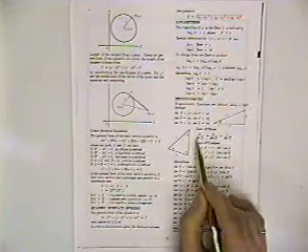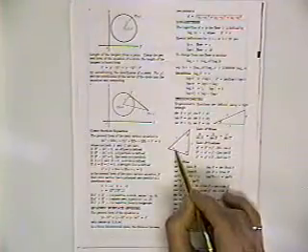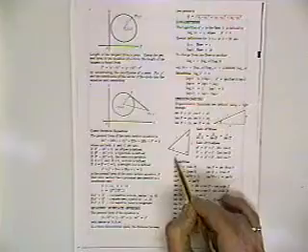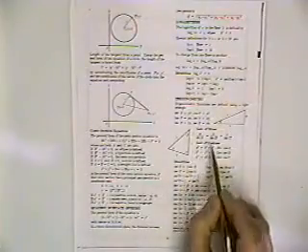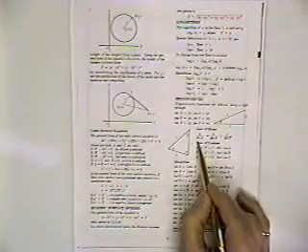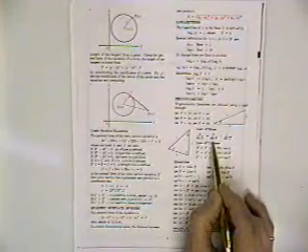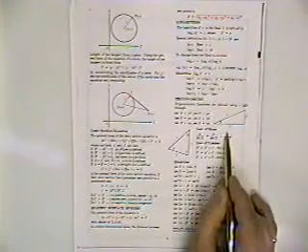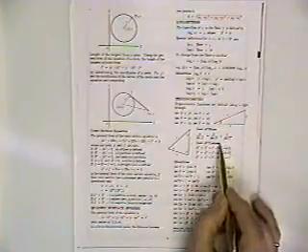The law of sines says that the opposite side divided by its sine is equal to any other opposite side divided by its sine. So a divided by the sine of capital A is equal to b divided by the sine of capital B, which is also equal to c divided by the sine of capital C.